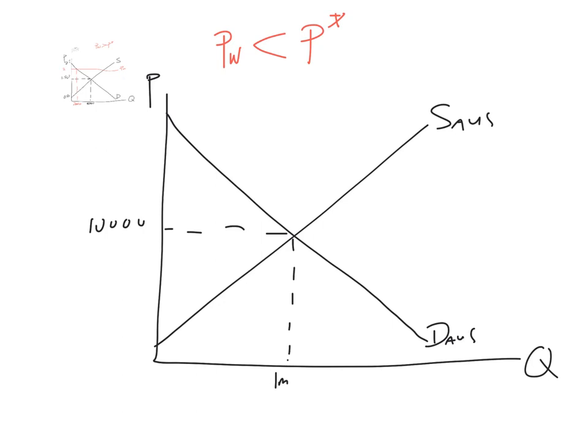But now you can get the foreign car, which is cheaper than the Australian car. So we've got your PW, let's say $7,000.